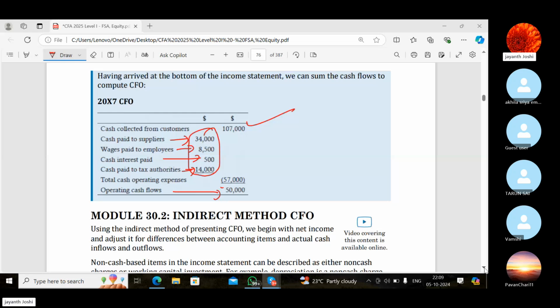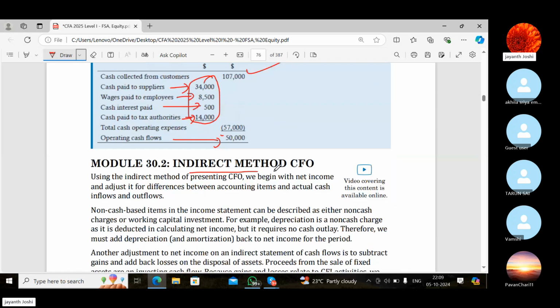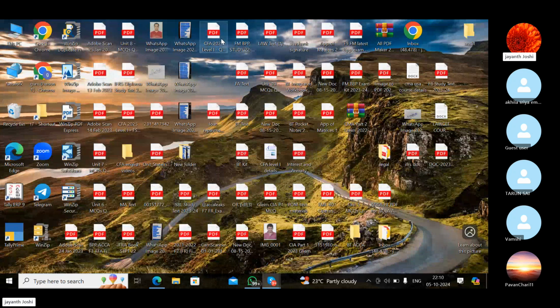Okay, now let's enter into the next method, that is the indirect method of cash flow statements. See, basically there is a small difference between the two, and I will just explain the difference to you.